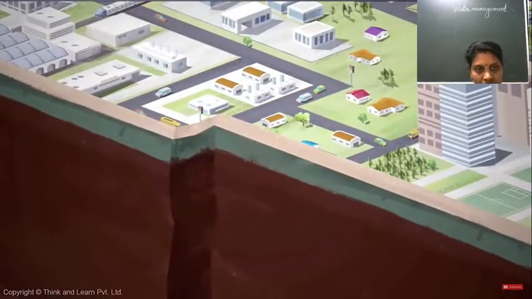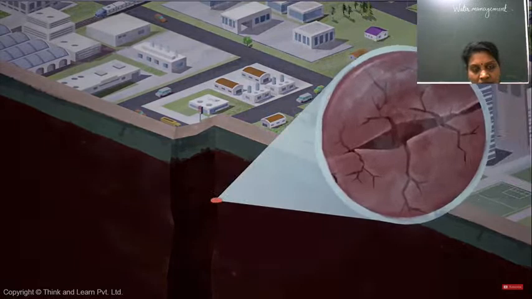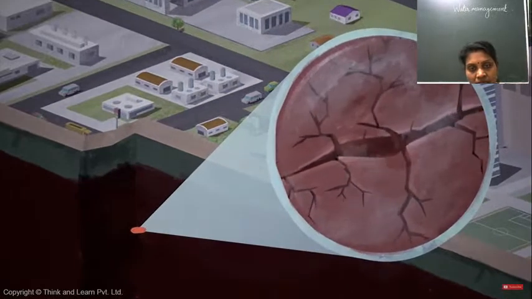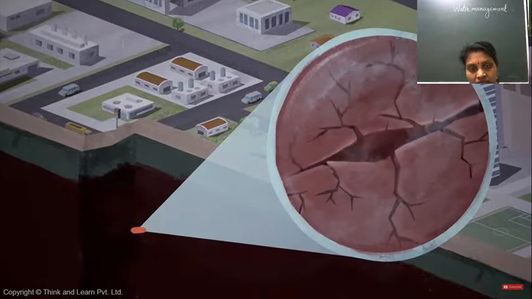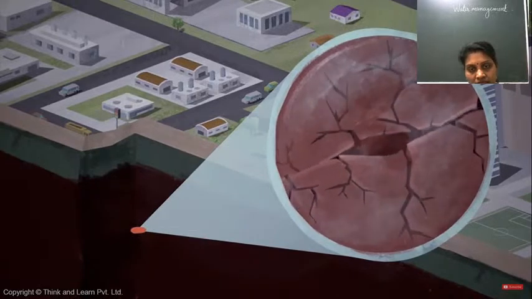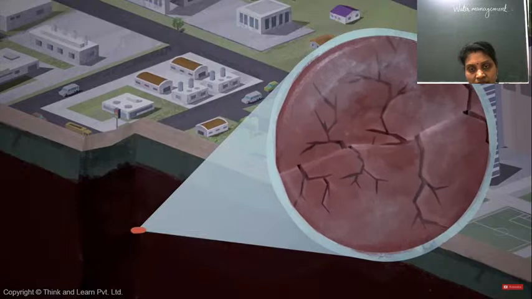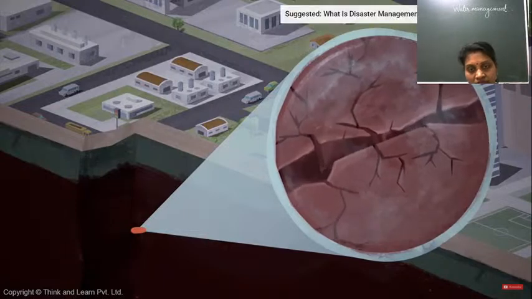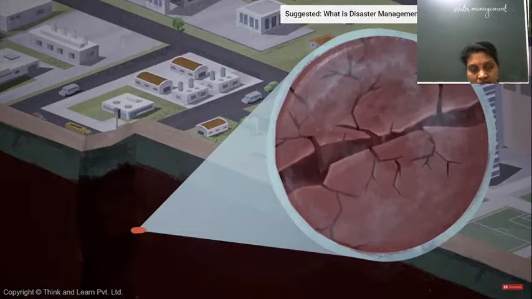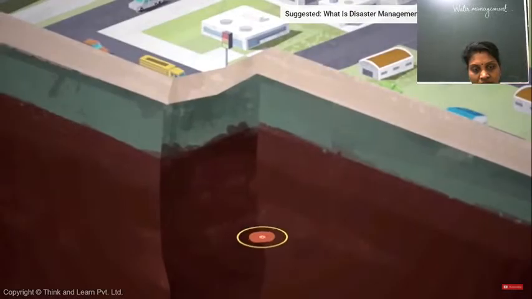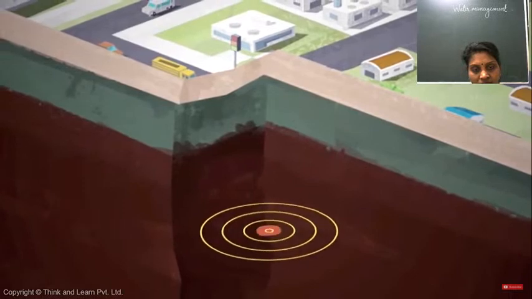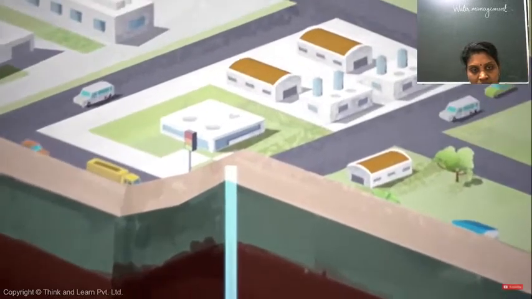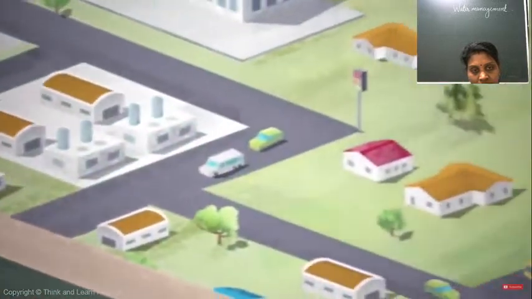This is because these plates have several irregularities on them. When these plates slide past each other, the jagged edges of the plates sometimes get caught against each other. When they get released, after the tug of war of tectonic plates, the energy released causes vibrations. These vibrations move in the form of waves and shake the earth violently.